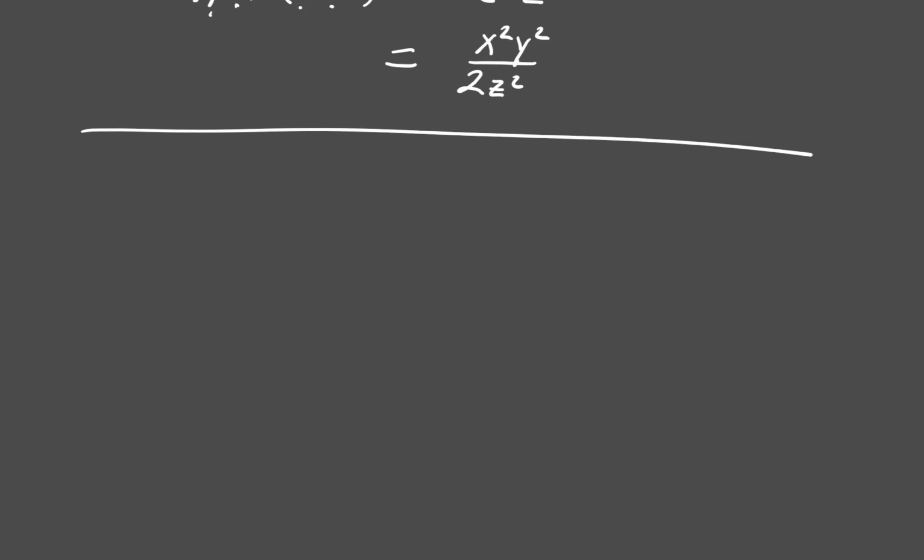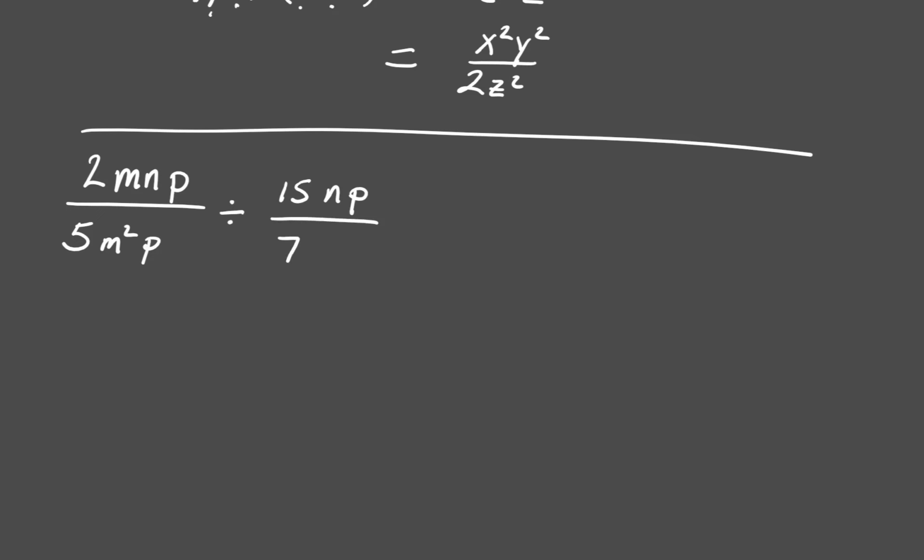Okay, let's do one with division that's similar. So let's go 2mnp, and let's say I have 5m squared p, and I'm going to divide this by 15np, and let's say I've got 7m squared n p squared.